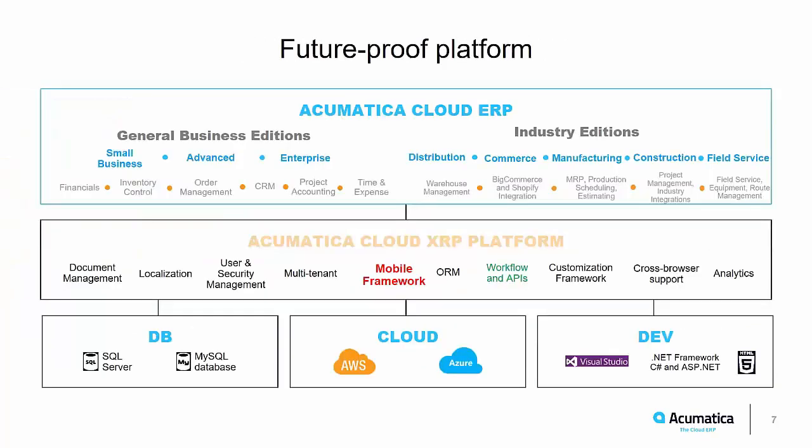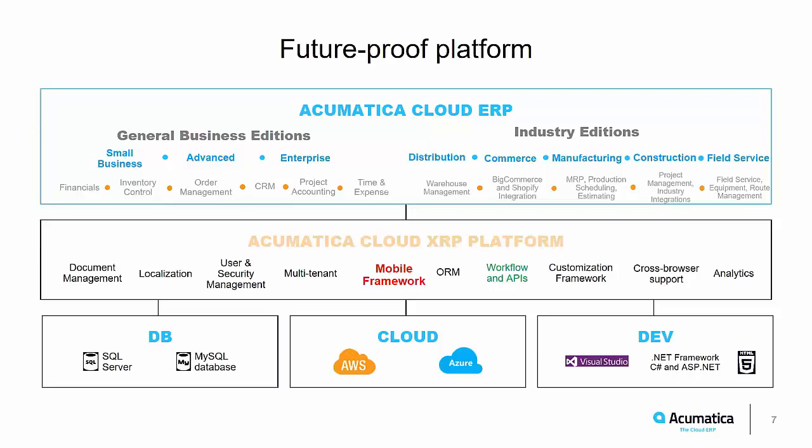Again, we talked a lot about this. What makes Acumatica different is that middle section, which is the XRP platform. It's a very, very modern set of code that has built into it all the things that are important not only for a cloud ERP system, but for a digital ERP system to have, where it's multi-tenanted, and it's got localization in it, meaning it can be run in any country.